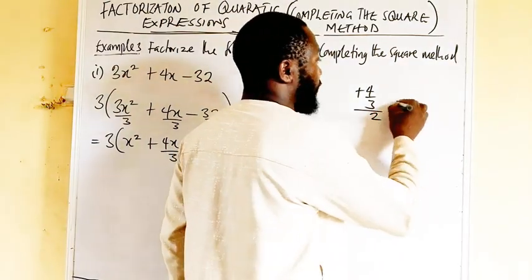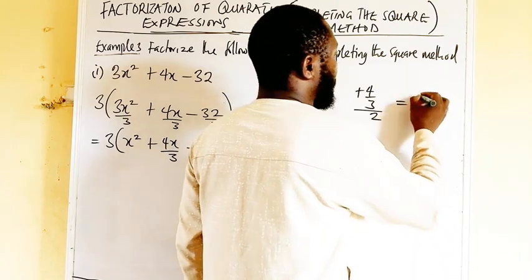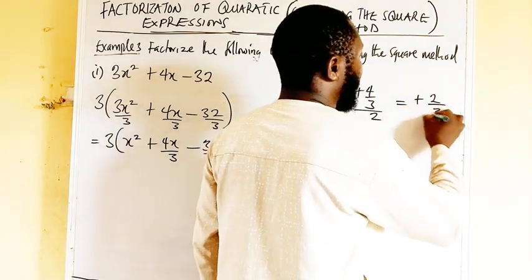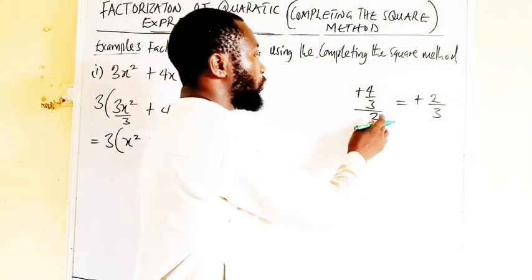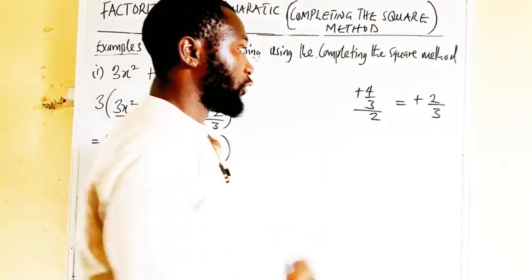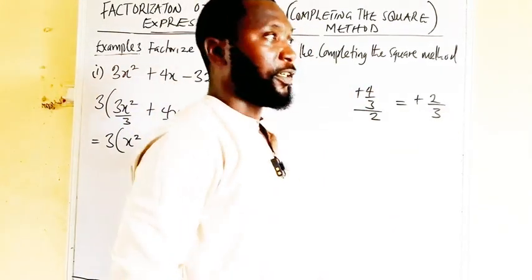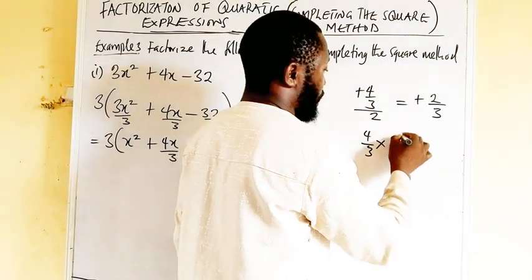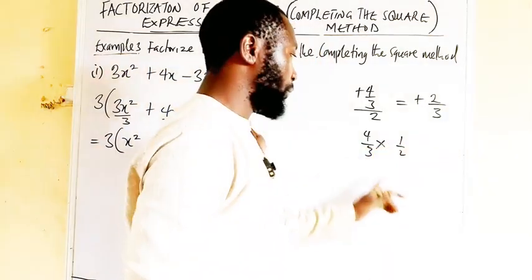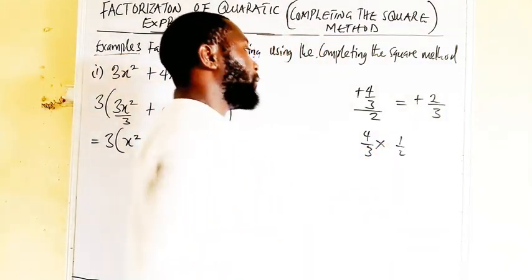What do we have? That will be plus 2 over 3. So when you divide this, how many 2 goes in 4? That is 2. So you have plus 2 over 3. Another way, 4 over 3 times 1 over 2. So by the time you divide again, you still have a plus 2 over 3.